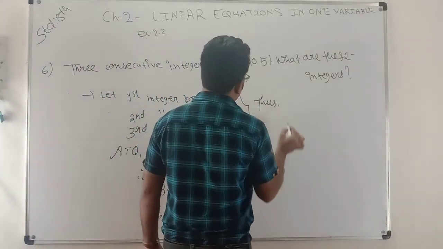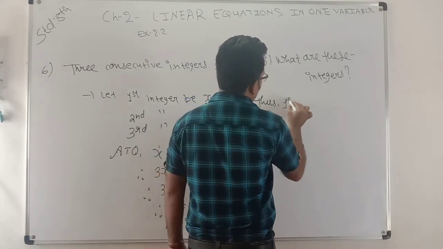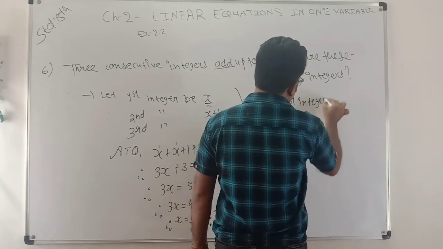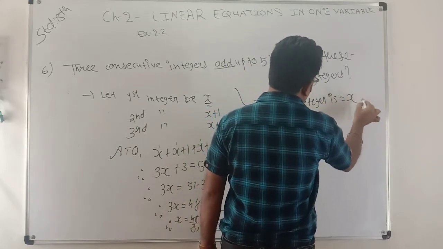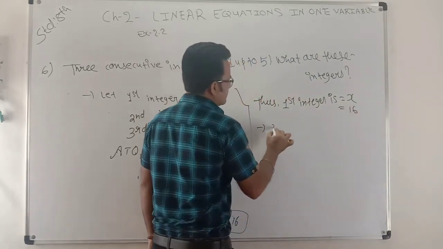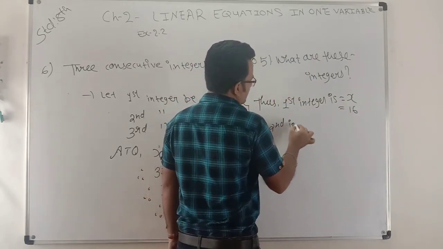Thus, first integer is equal to x is equal to 16.